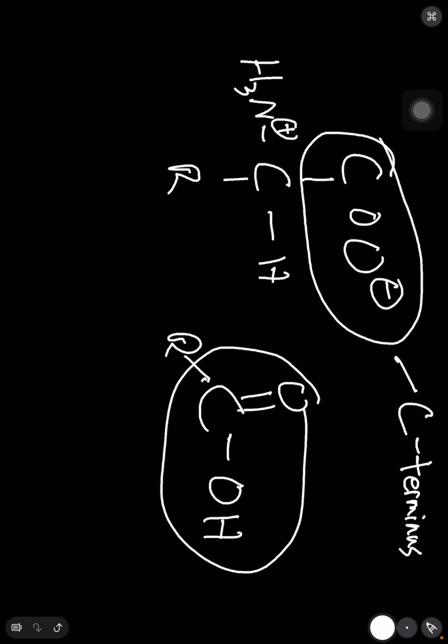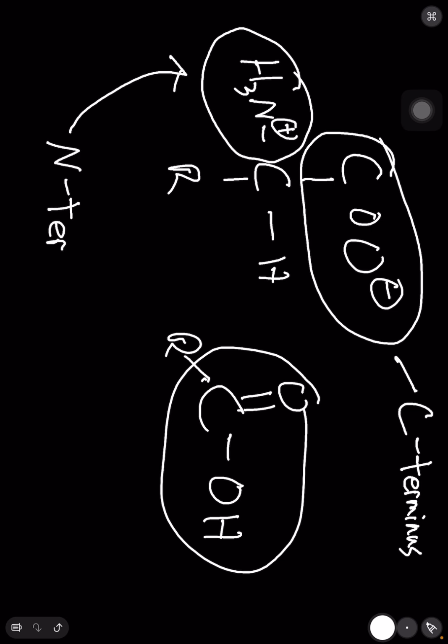This one over here is an amine group, and that's often known as the N terminus or amino terminus. Much like the carboxy, the nitrogen here could be in a protonated or deprotonated state. When it's fully protonated, it's NH3, it's got 4 bonds, so it's positive.